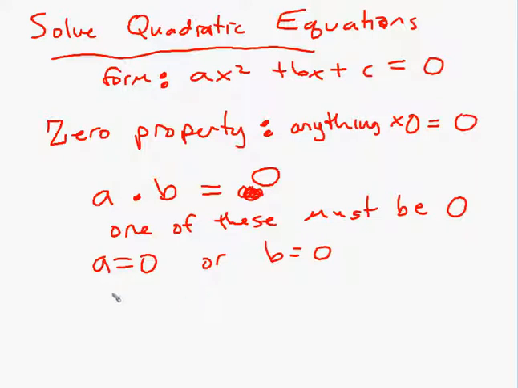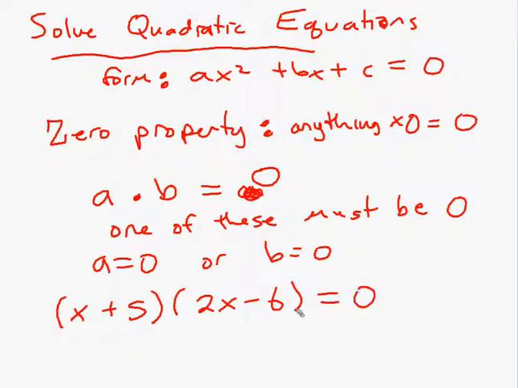So let's say I have the equation x plus 5 times 2x minus 6 equals 0. Now notice these two things are being multiplied. I don't want to actually multiply them because either this is 0 or this is 0.